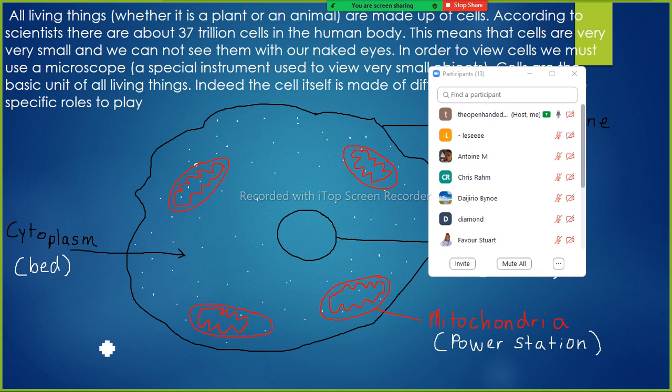All right. Then we have another part of the cell. I don't want to put it in green to mix you up. Let's put it in purple. These are small oval-like structures that are there in the cell.